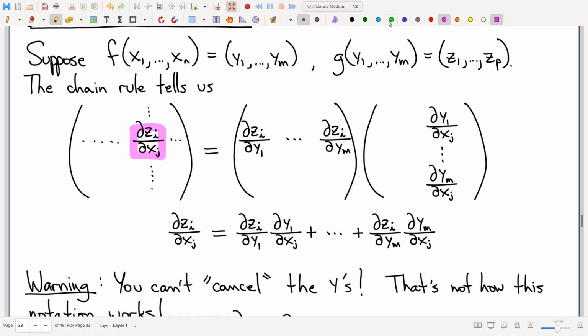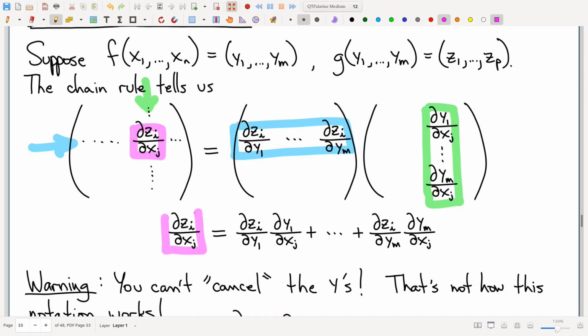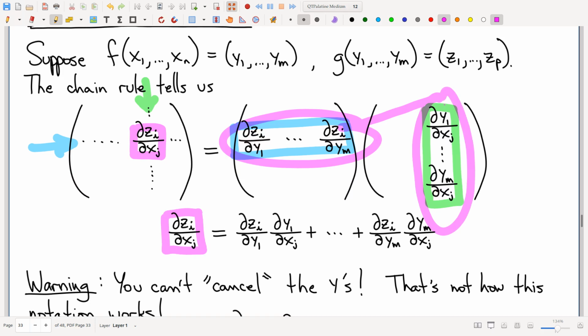So I can just identify what row it's in and look at the corresponding row of the left matrix, and I can identify what column it's in and look at the corresponding column of the right matrix, and we have rules for how to compute an element of a product. You compute that element of a product by dotting, like so. Everybody remembers all that?